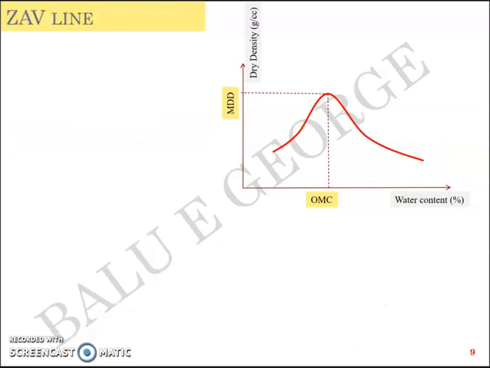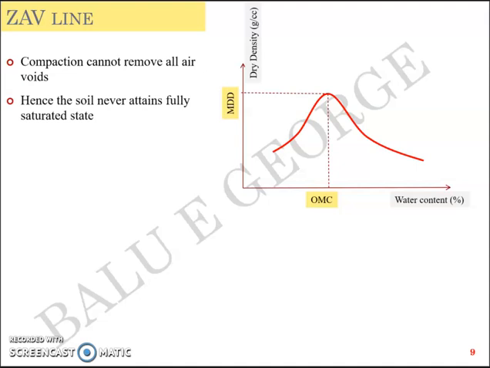Now, there comes a theoretical idea called ZAV, zero air voids line. Now, since compaction is a practical process, you can't actually remove the total air voids. Hence, the soil never attains a fully saturated state wherein you don't have air, right?